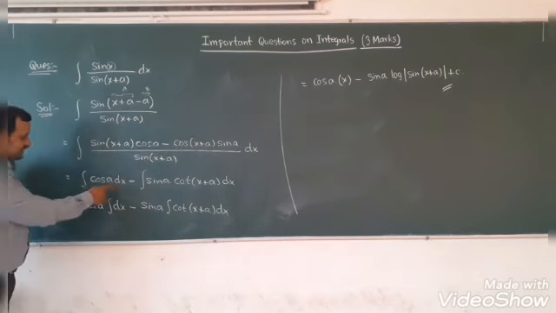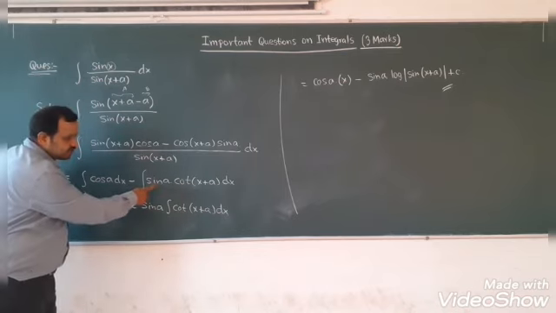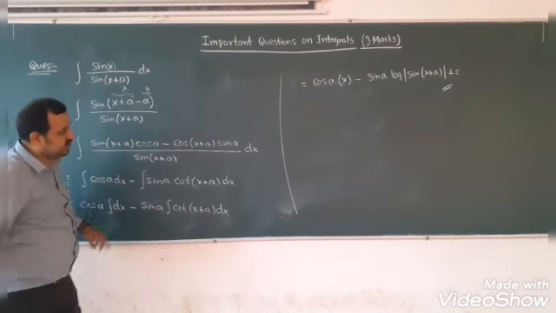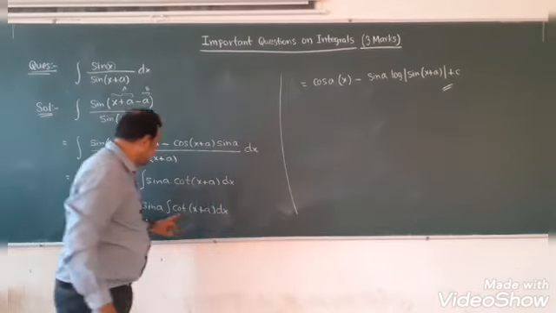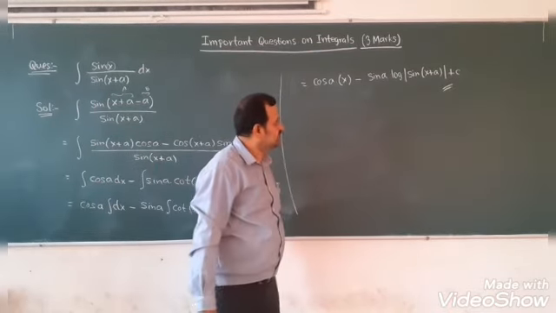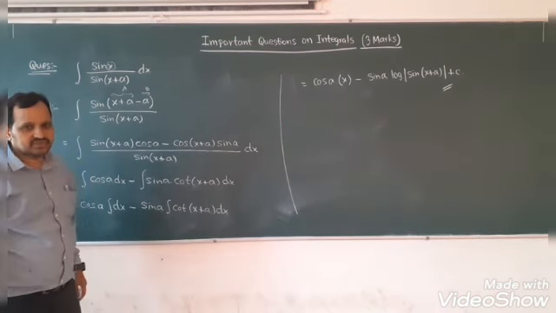Now with respect to x, a is constant, so it will come outside. Sin a will come outside with respect to x, right? So the integral of dx is x, minus the integral of cot is log of mod of sin of x plus a, plus C. I hope the solution is clear.